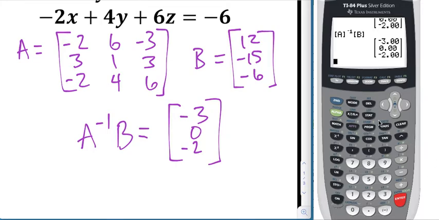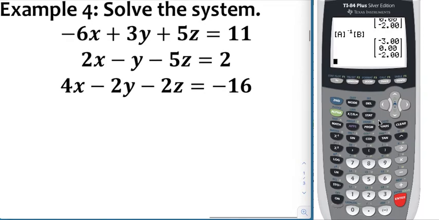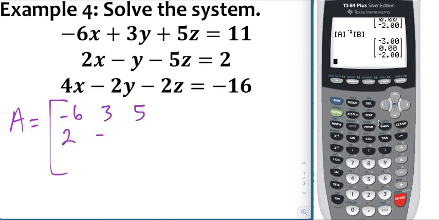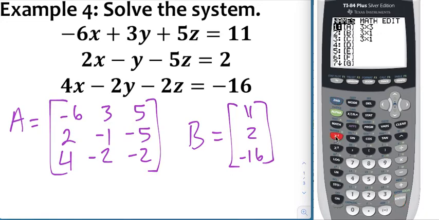All right, let's look at that next problem on your notes here. Example 4, we want to solve this system. So same thing, matrix A, and matrix B, and then we'll put them in our matrix in the calculator.